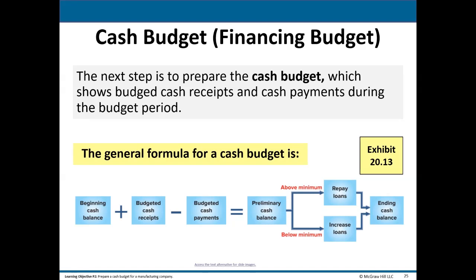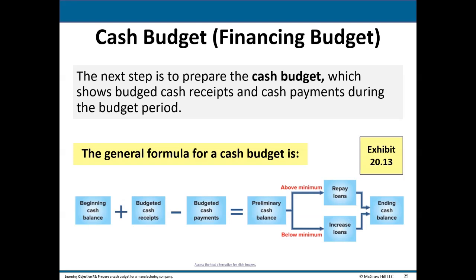So a cash budget also is going to show the budgeted cash receipts and cash payments during the budget period. So this is also called a financing budget. Managing cash flows is vital, and a cash budget helps with that task. Most companies set a minimum cash balance to have available. If the cash budget indicates cash is low and it's falling below the minimum, the company can arrange for additional loans.